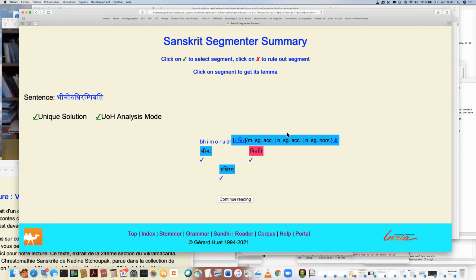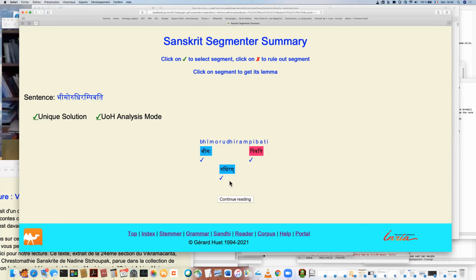Rudiram could be pratama of Napum, or it could be karta of Napum, or it could be karma of Pumlinga. So here you have the three possibilities.